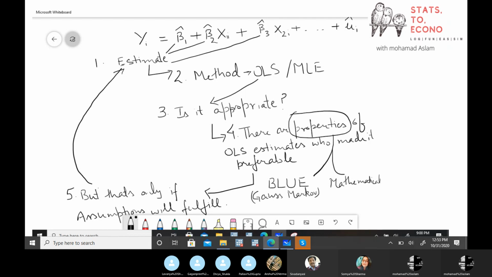But still, if any of you find some problem in the derivations, let me know. Maybe I'm writing wrongly, or I'm copying or giving some reference from the book. Some mistake might be there, so just correct me. But I'm trying to give you the explanation in as easy a form as possible.